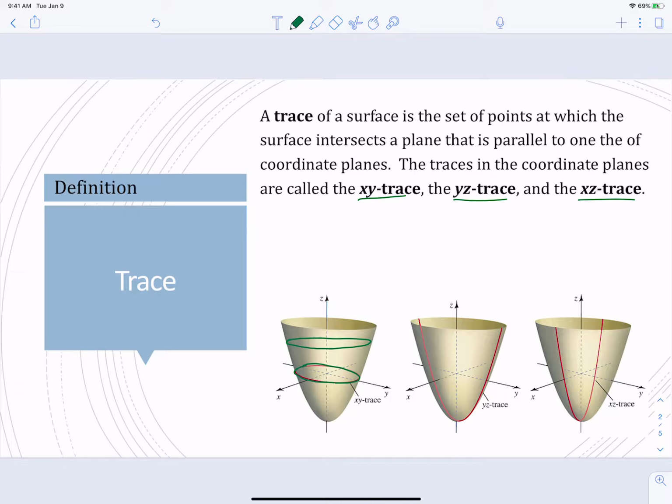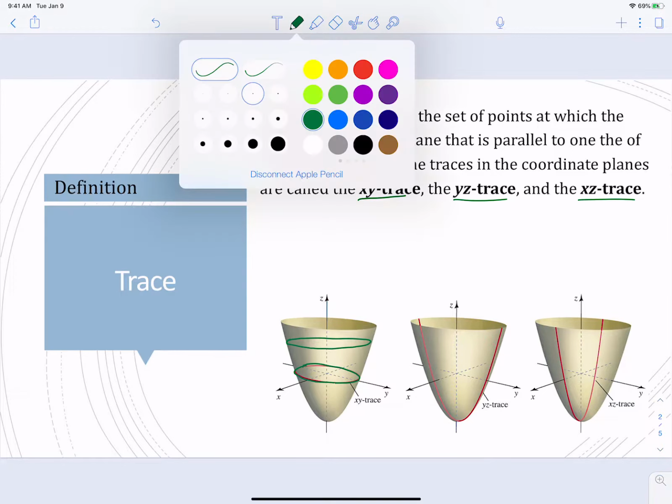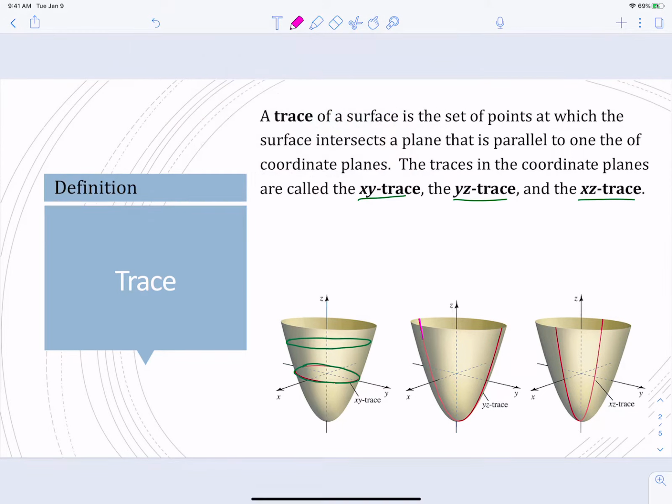Then the YZ plane, again, that is slicing along that YZ plane, which is the plane that's sort of back here. When we slice that way, we get something that looks like a parabola. If we take our two pieces and look at that edge that we make, we get a parabola.